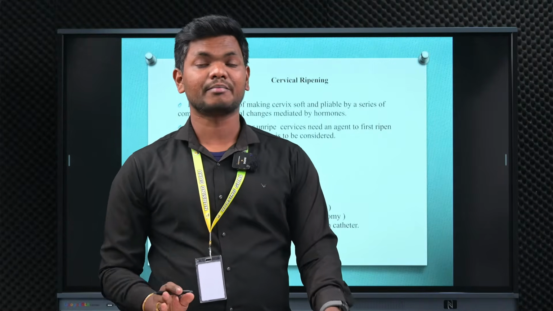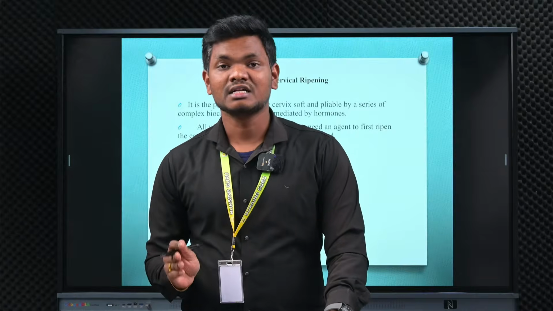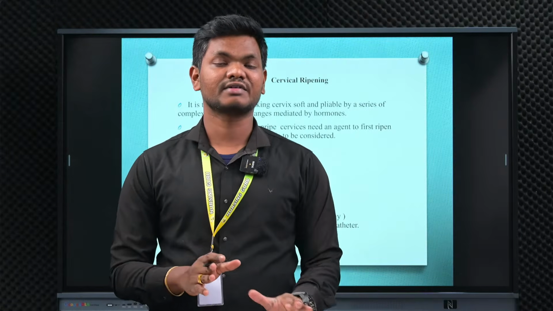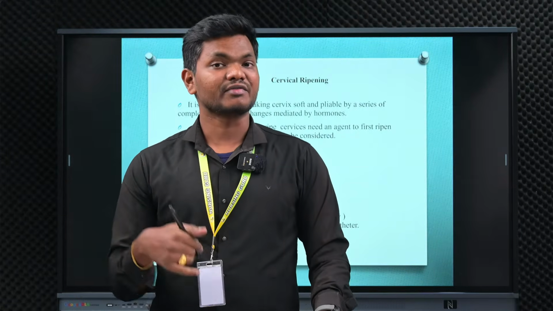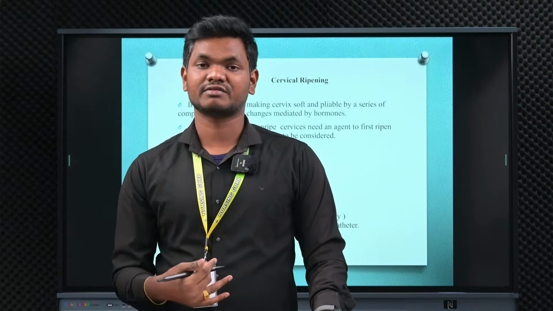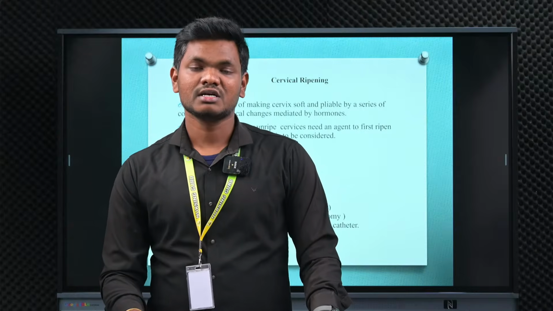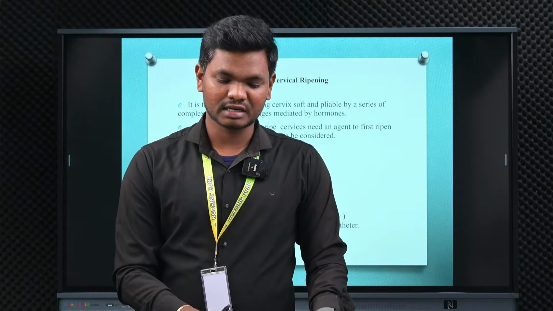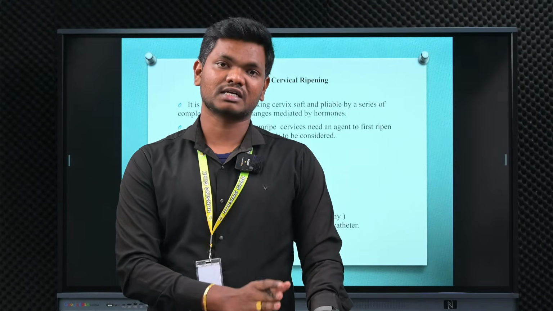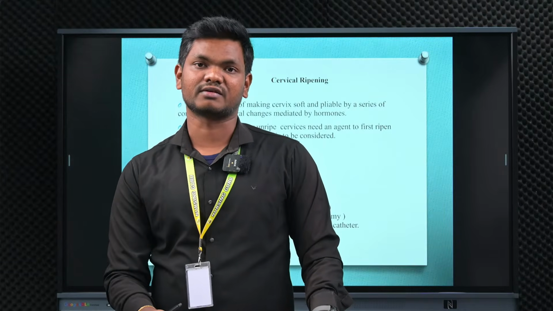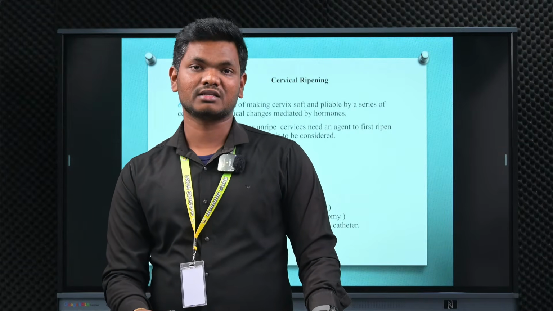When we apply this prostaglandin, the cervix will become soft, then the cervix will start to dilate, effacement will take place and the fetal station will come to normal, then we can start the induction of labor. So if it is an unfavorable condition, we should start with cervical ripening, then the induction of labor. That is the main thing you have to identify.